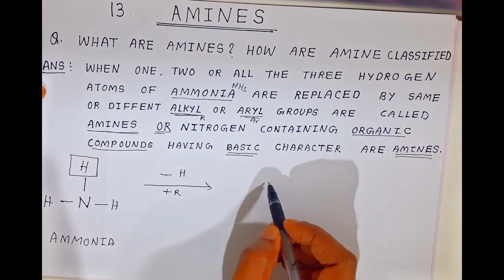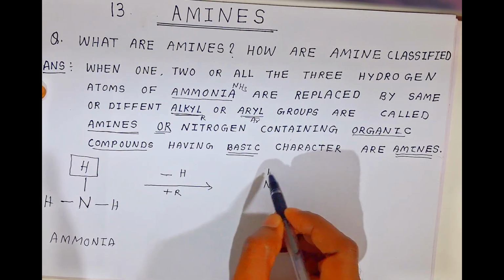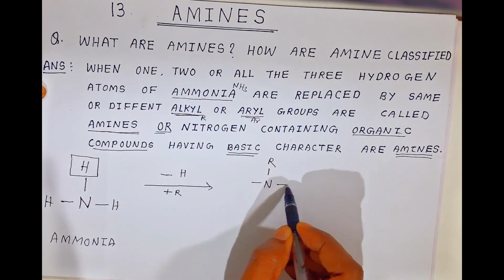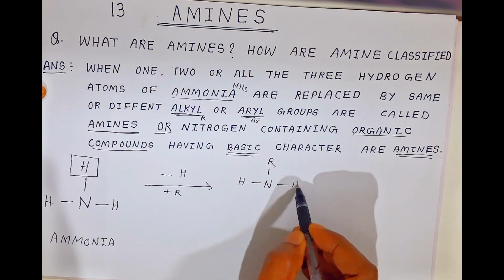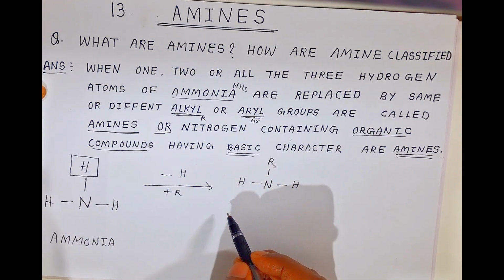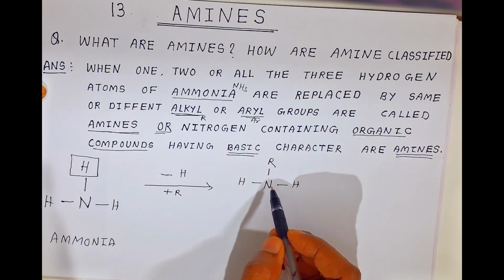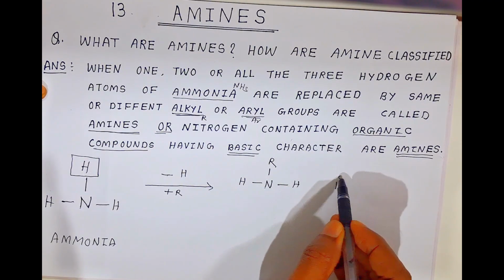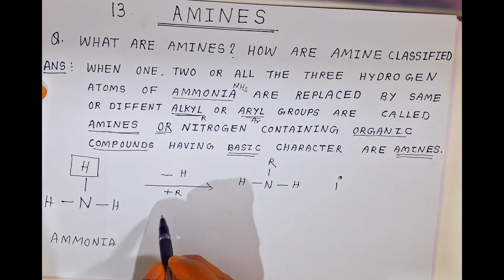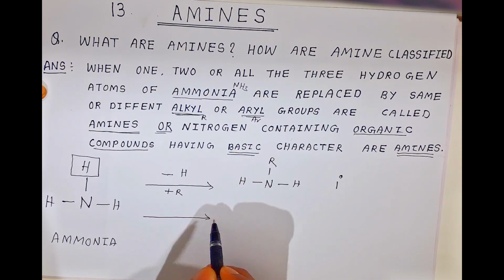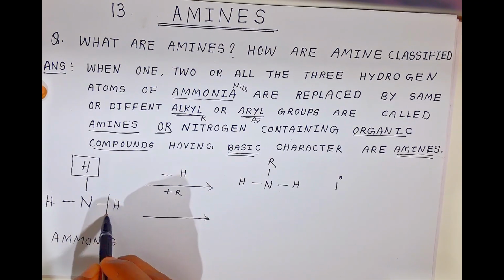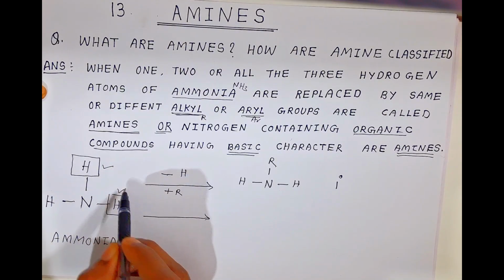In the product, the alkyl group is attached to the nitrogen and the remaining hydrogens stay as they are. So this is an amine. Since you are replacing one hydrogen by one alkyl group, and one alkyl is attached to the nitrogen, this is also called a first degree amine. Now, what happens if you replace two hydrogens?